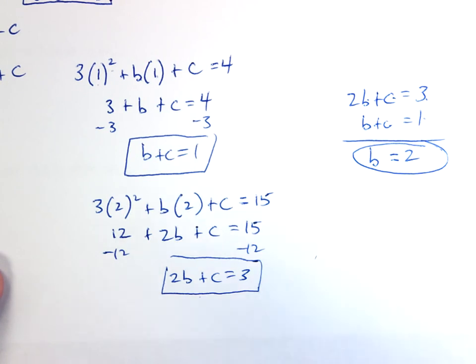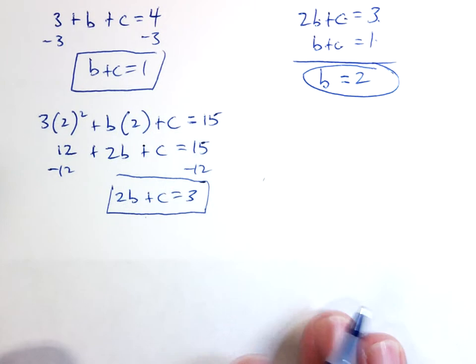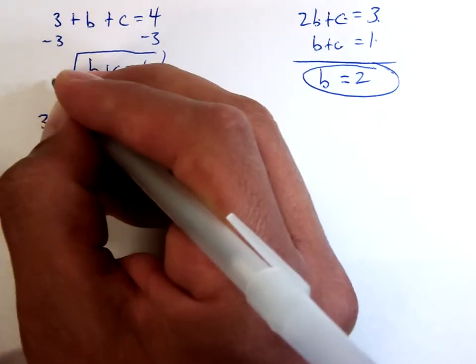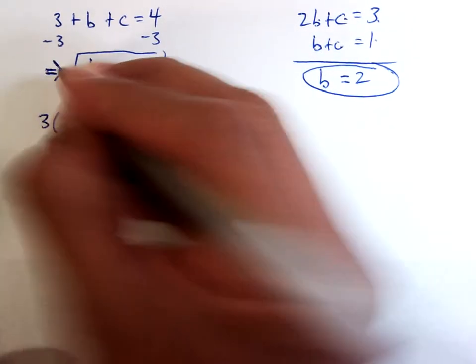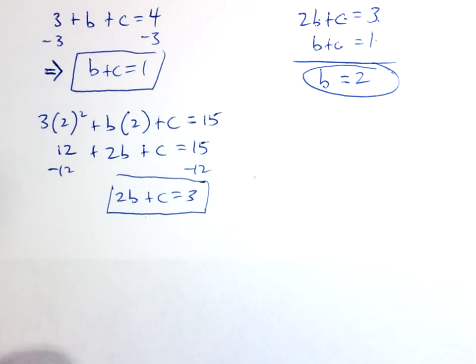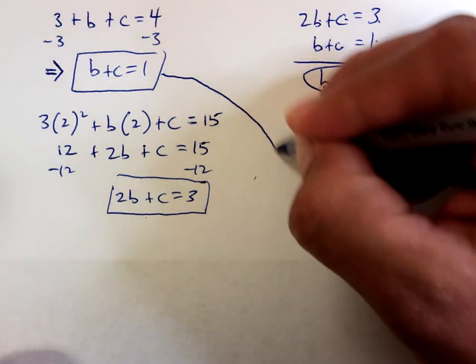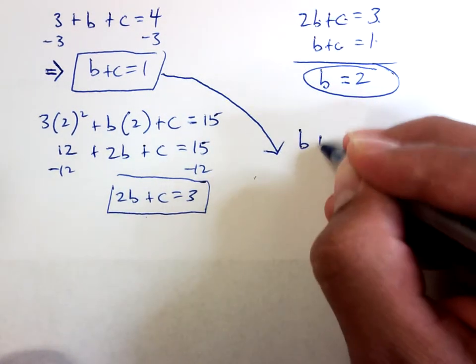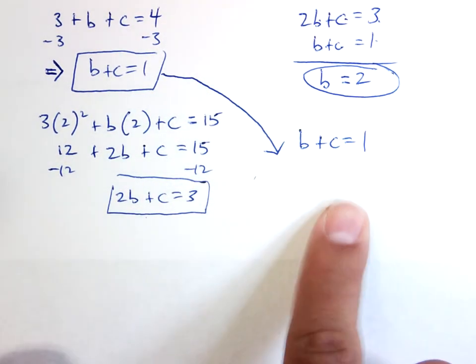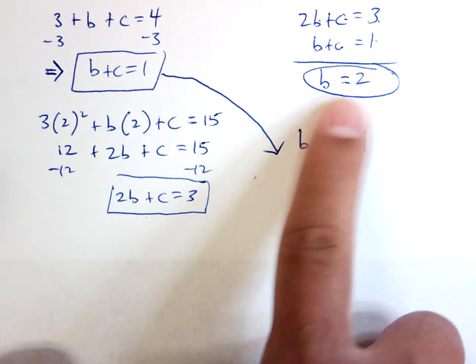Now I got to get my c. And I think it's easier to always go to the first equation that you got: b plus c is equal to 1. I already know that b plus c is equal to 1, but now I know that b is equal to 2.